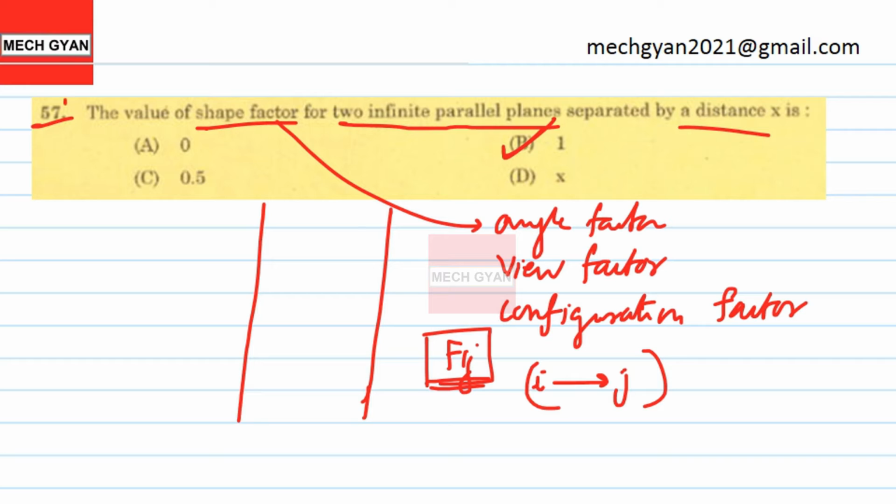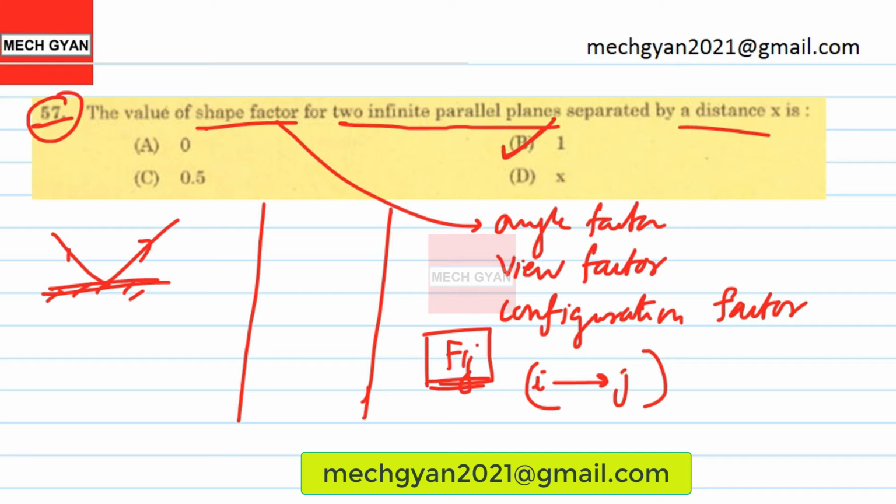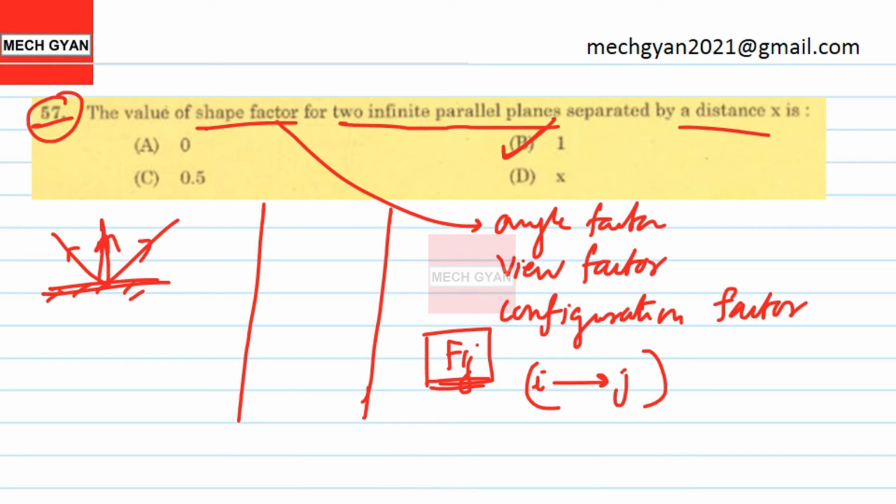Answer is 57B. So for plane surfaces, the fraction of radiation energy leaving the surface and impinging on another surface is F1. Here, the fraction of radiation energy leaving surface 1, let this be surface 1, and impinging on itself, surface 1, is 0.